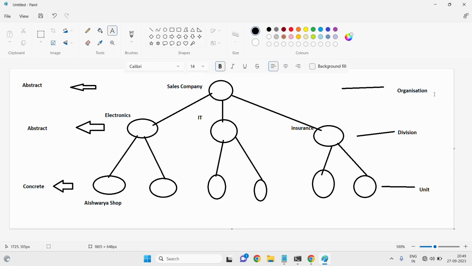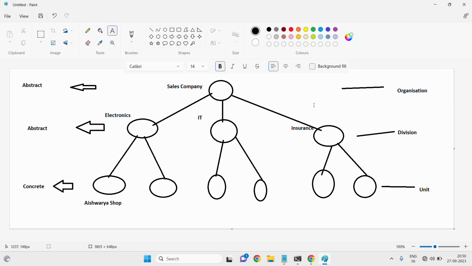The first level is called the organization level, the second level is called the division level, and the third level is called the unit level.